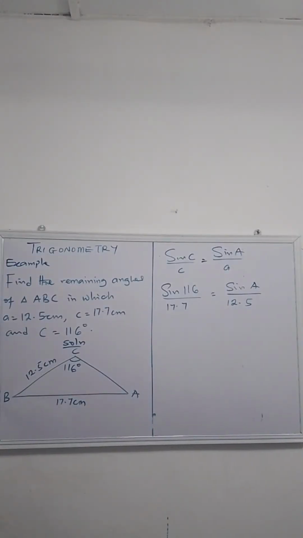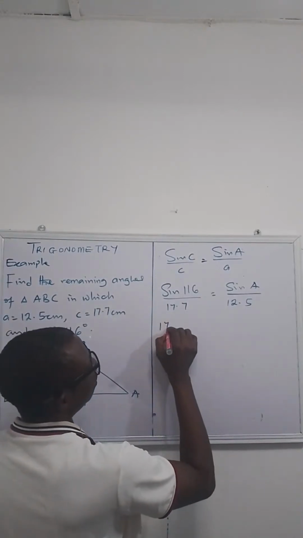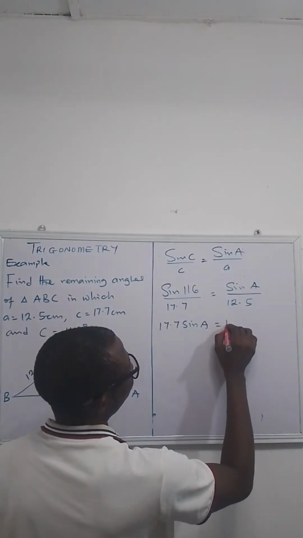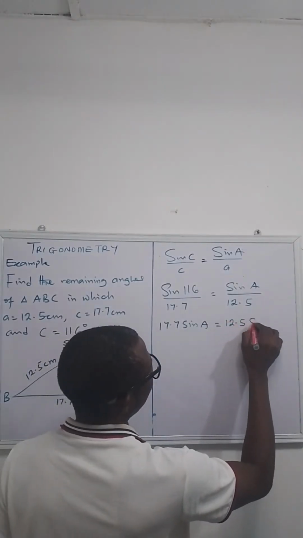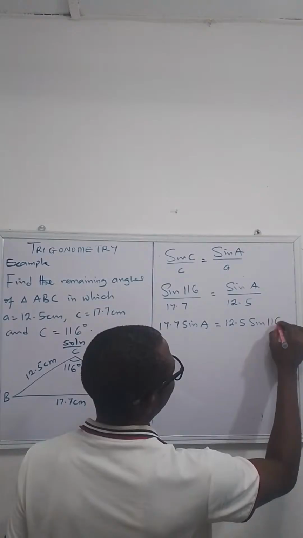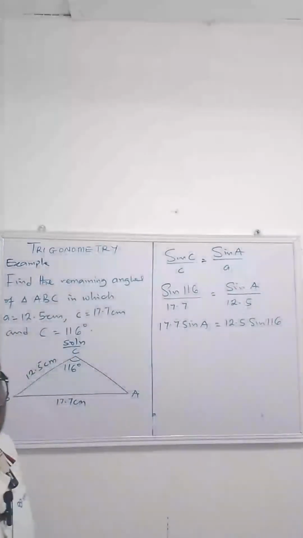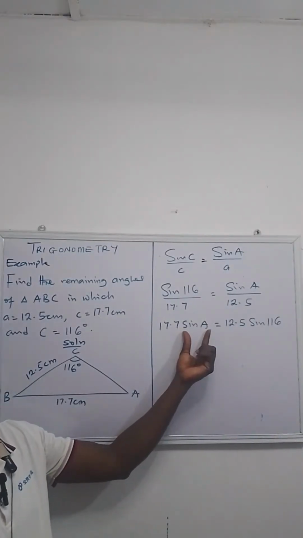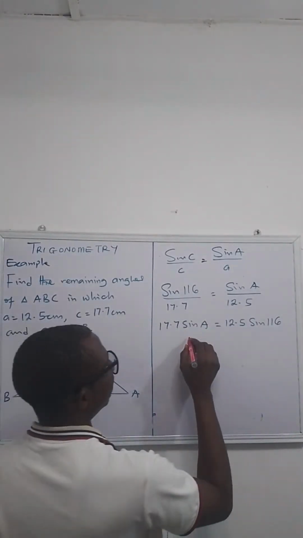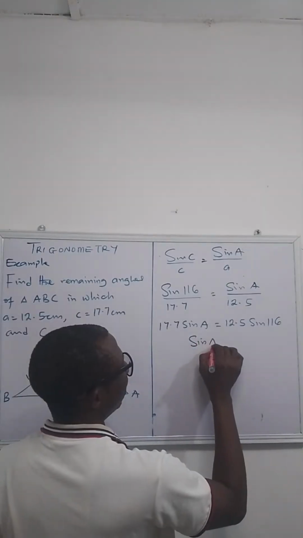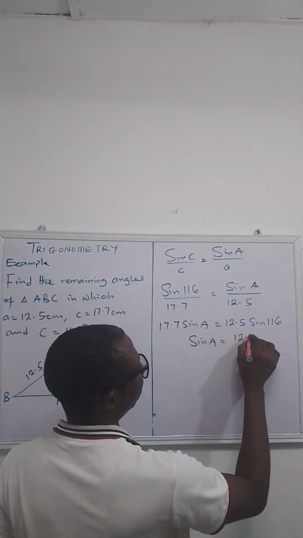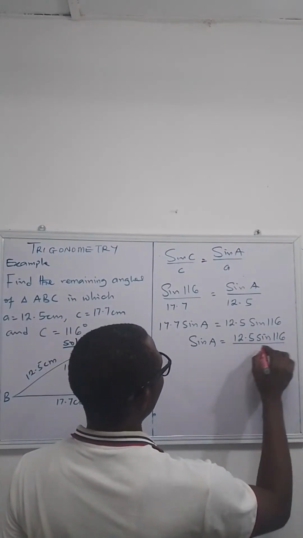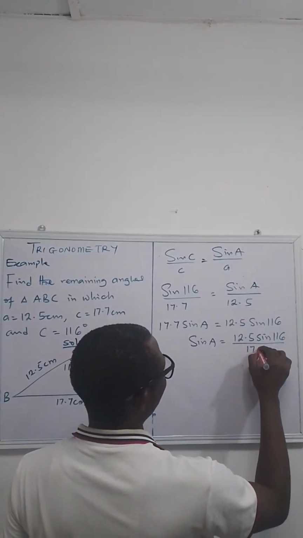We cross multiply. So we have 17.7 sine A equals 12.5 sine 116. The next thing is to make sine A the subject of the formula. So sine A equals 12.5 sine 116 degrees over 17.7.